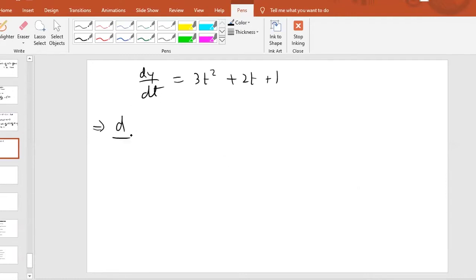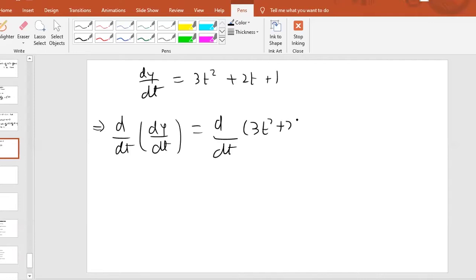So we write d by dt of dy by dt, which is equal to d by dt of 3t square plus 2t plus 1. Correct? Now again we can take differentiation separately, and after solving this we'll get 6t plus 2. So d square y by dt square will be 6t plus 2.